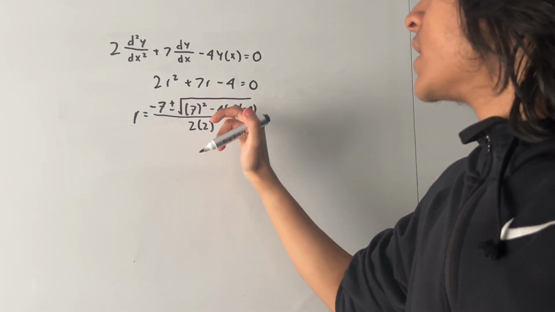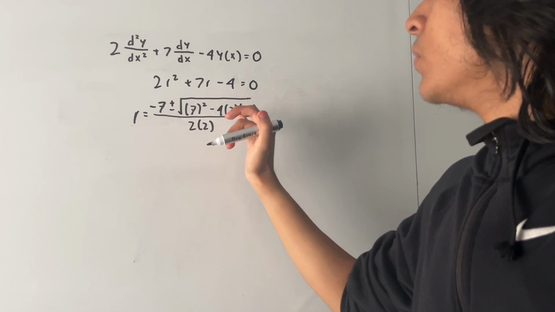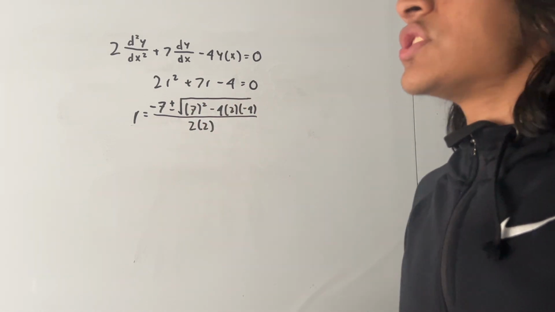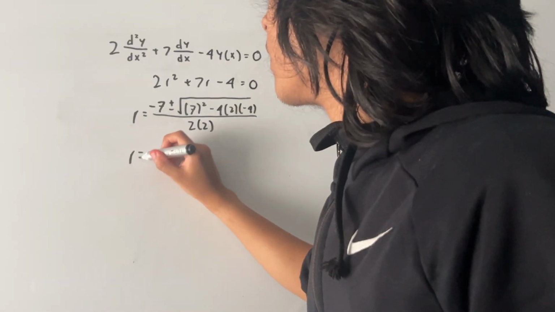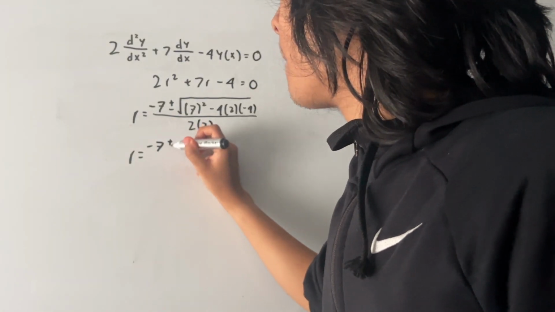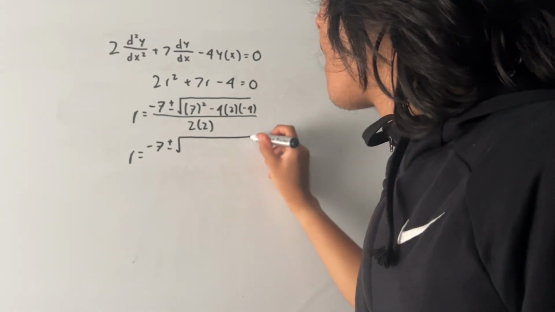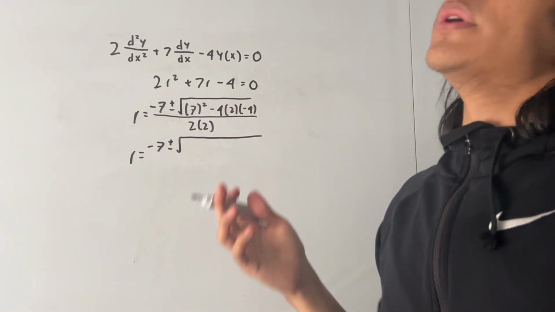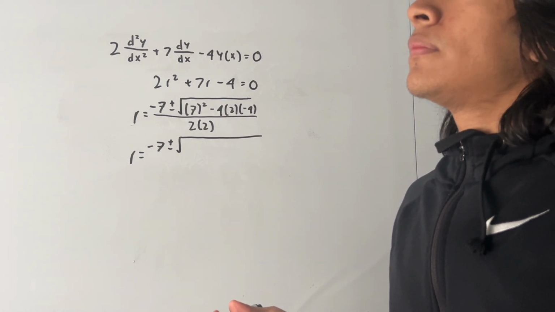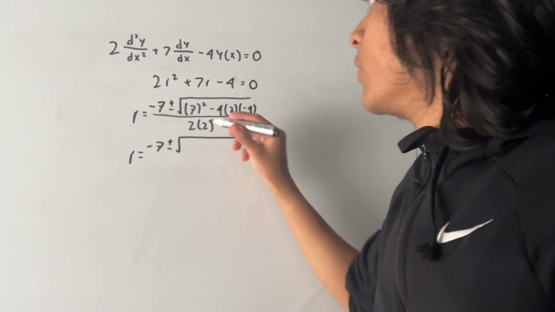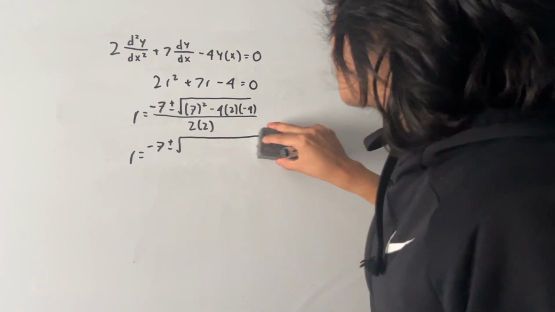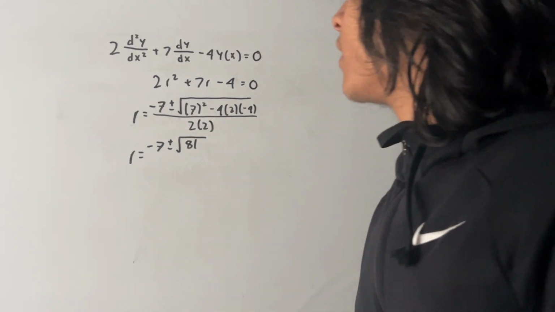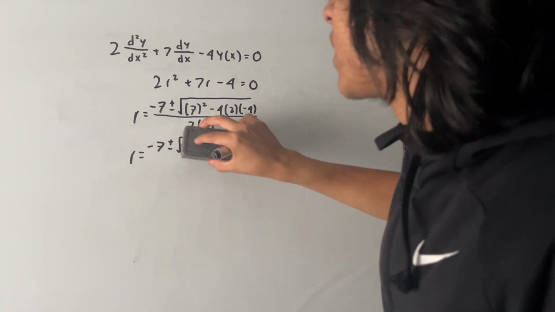This right here is going to be 32. This is going to be 49 plus 32. So we have r is equal to negative 7 plus or minus the square root of 49 plus 32, that's going to be 81. Going to get 81 on the inside, but this is just going to be 9.